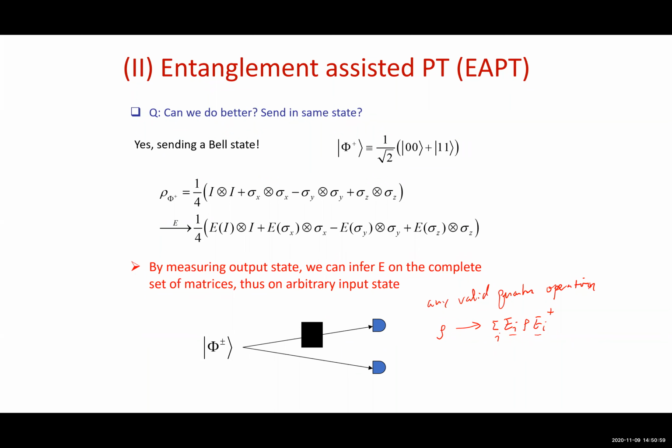We assume it's the same each time, a fixed operation. This E is the operation that defines the black box in general. It could be just a unitary, that's also possible.